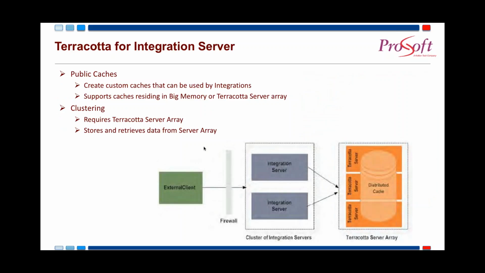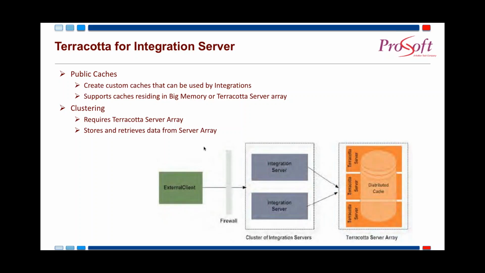Particularly for integration servers, Terracotta is now mandatory for clustering. We can also use Terracotta server arrays, and the cache stored on the server arrays can be used by multiple integration servers.